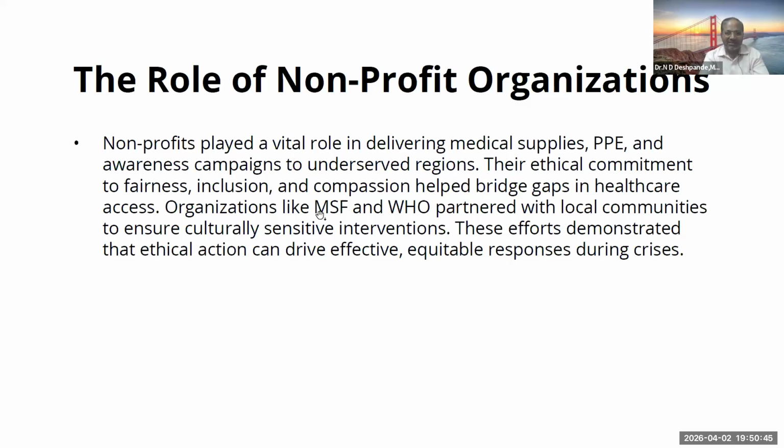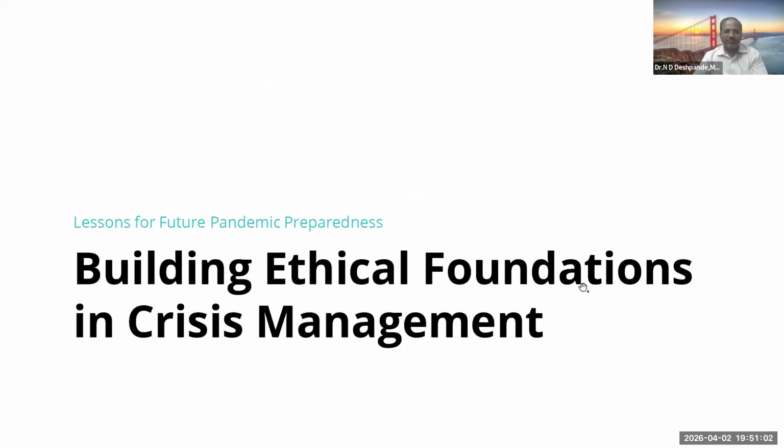So organizations like MSF, Medecins Sans Frontieres, and WHO, World Health Organization, partner with local communities to ensure culturally sensitive intervention. These efforts demonstrate that ethical action can drive efficient, effective, and equitable responses during the crises.